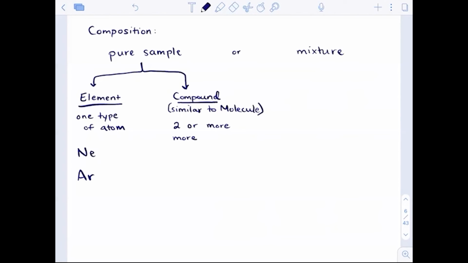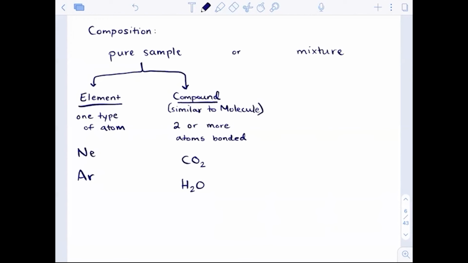It's still a pure sample, but those atoms are bonded together. So a sample of carbon dioxide gas could be pure, it could just be carbon dioxide. However, it is a molecule itself. Same thing with a sample of water, H2O.